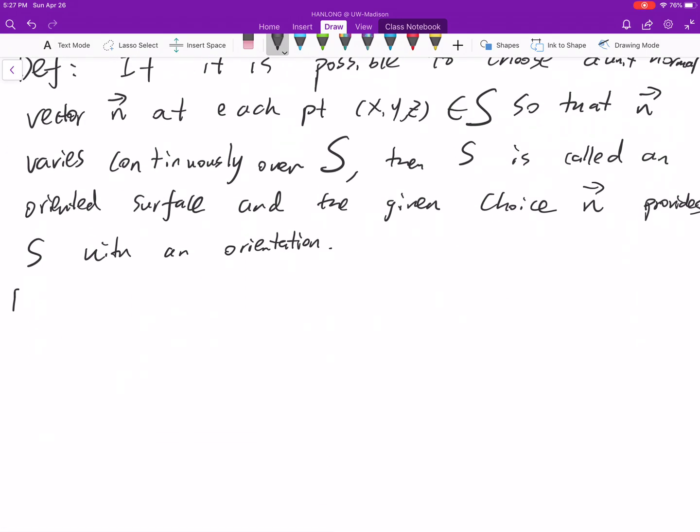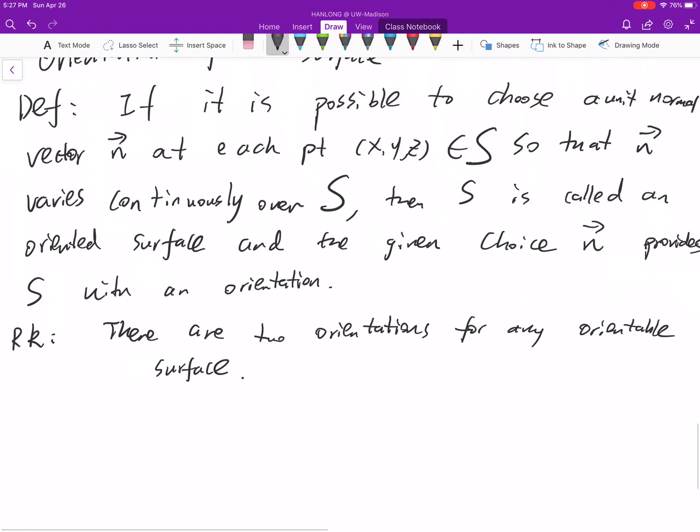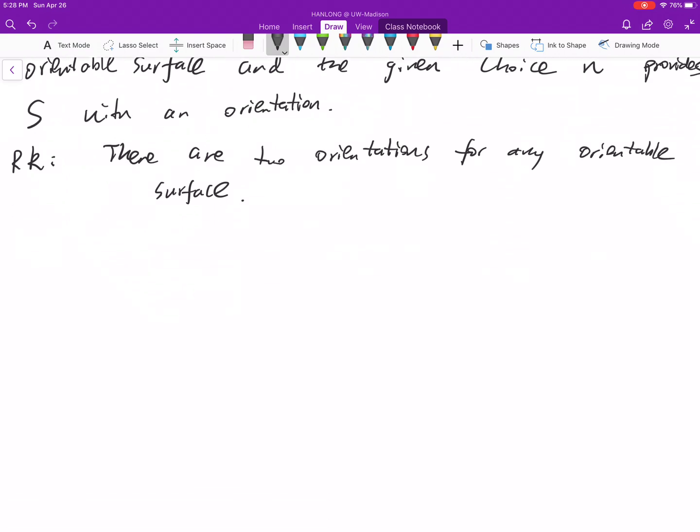And immediately we have the following remark. There are two orientations for any orientable or oriented surface. Okay, so probably I should change this to orientable. You just flip it, right? Suppose you have one orientation, then you flip the normal direction to the opposite one. Then globally, you also flip. So think about this example.